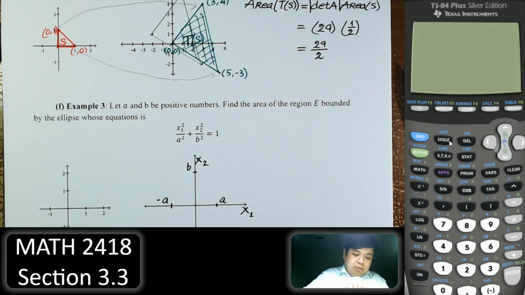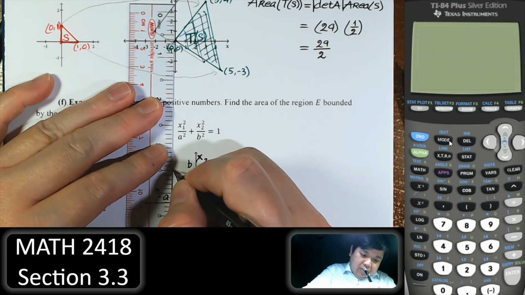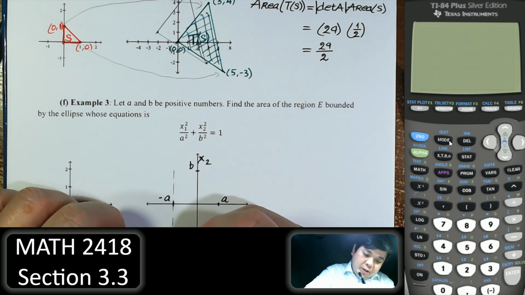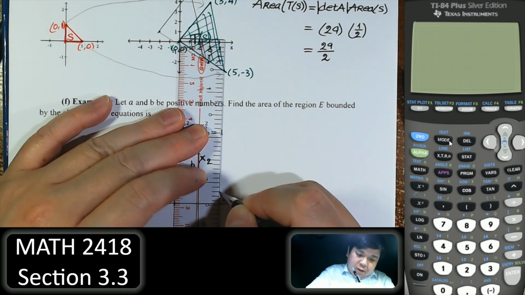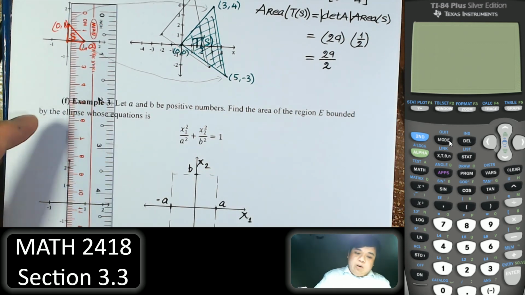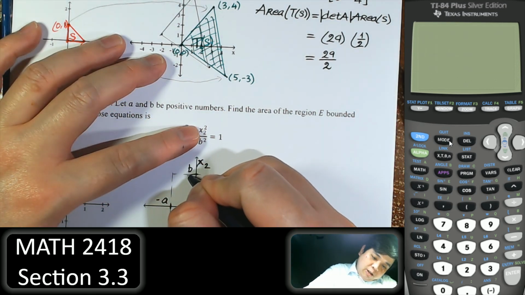So with that, we form an ellipse. Actually, we form a rectangle first. The ellipse though is going to be inside that box.